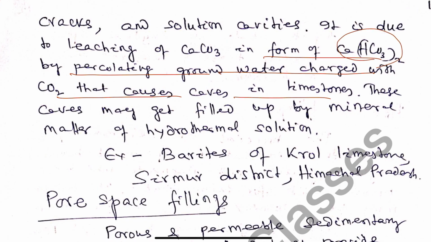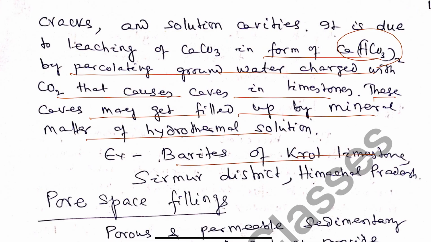As a result, caves are produced in the limestones, and these caves may be filled up by mineral matter from hydrothermal solution, as is seen in the case of barytes of Krol limestones, Sirmur district of Himachal Pradesh.